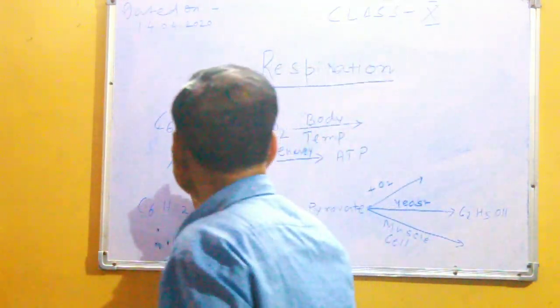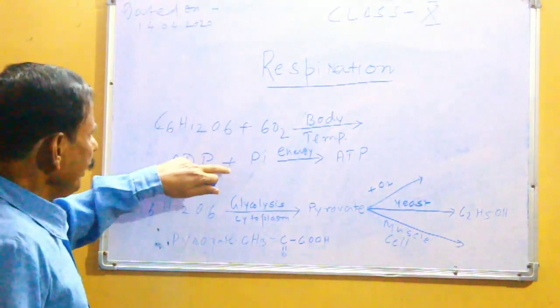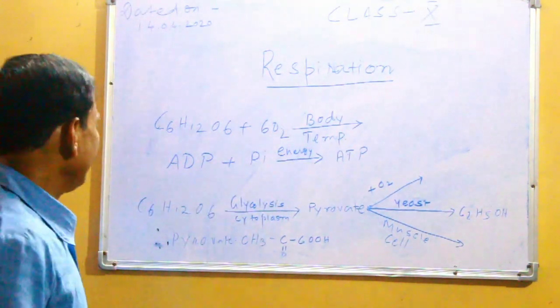So how is this? The ADP again reacts with Pi and energy is produced, which is known as ATP.